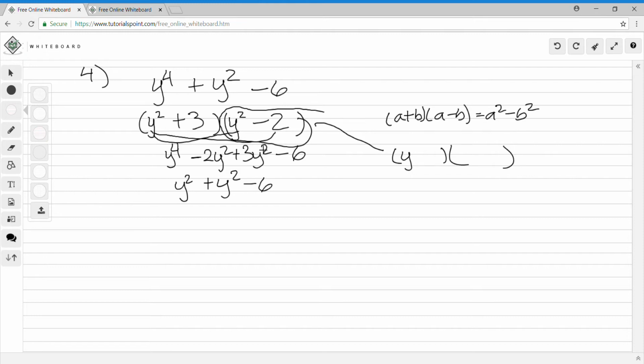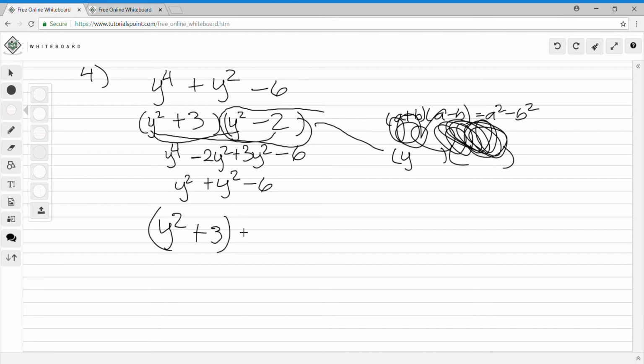This can't be factored out even more, right? Yeah, so my mistake. But you will need to know about perfect squares and perfect square trinomials and difference of two cubes, because it'll make it easier. So your final answer should be just y squared plus 3 times y squared minus 2, because it can't be factored out even more.